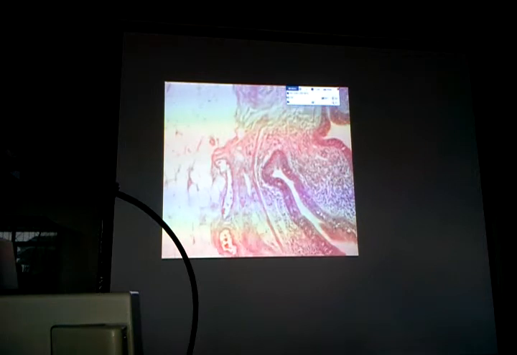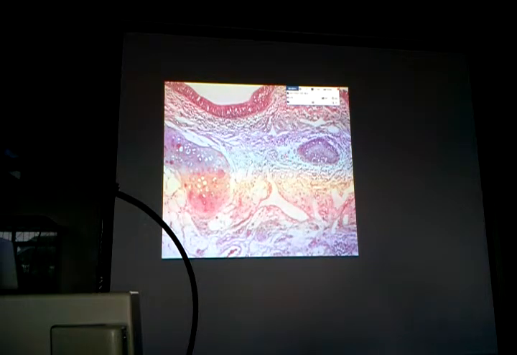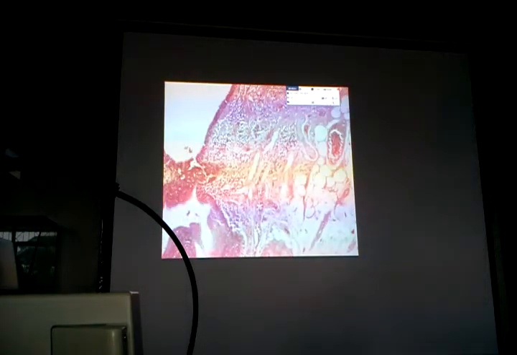There is also evidence of tissue destruction here because in that portion of the wall of the bronchus, we are able to see smooth muscle fibers. In other portions, the smooth muscle fibers are no longer there.